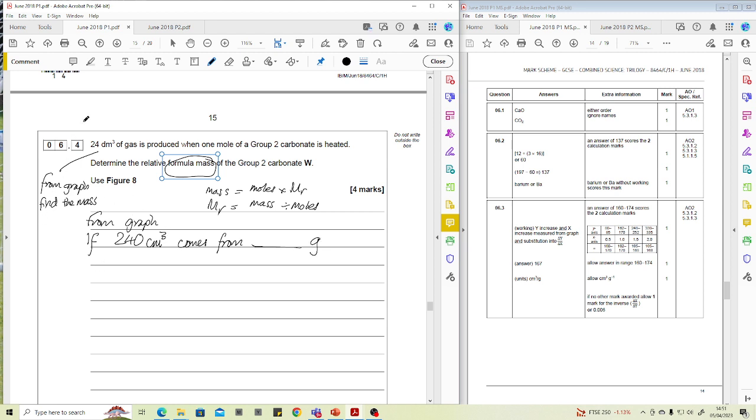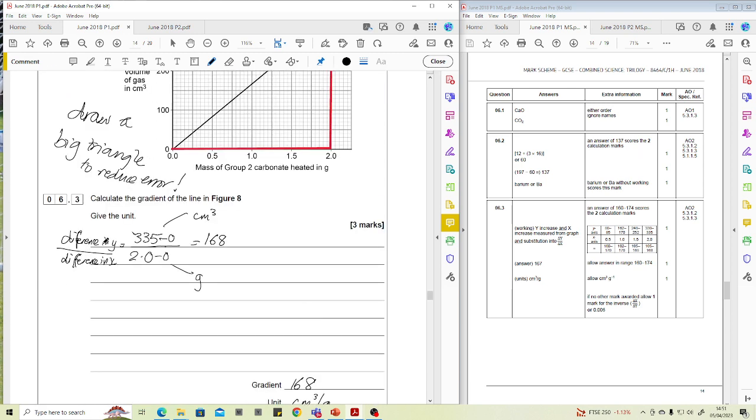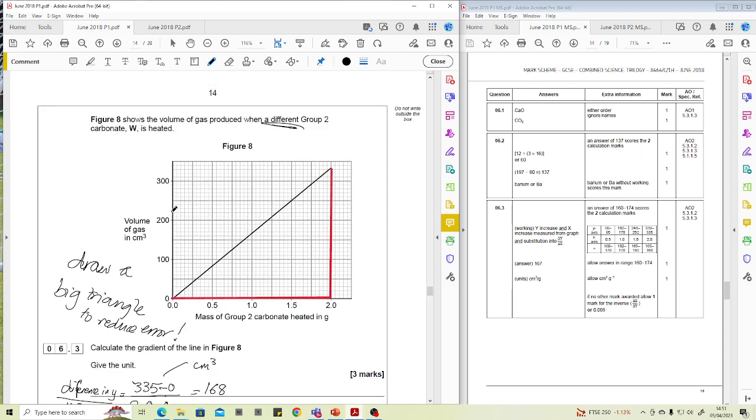And we know that that's 24,000 centimetre cubed. Then I reckon we could say then 24 decimetre cubed of gas is produced from that many grams times 10. So let's work that out. So 240, where's that?